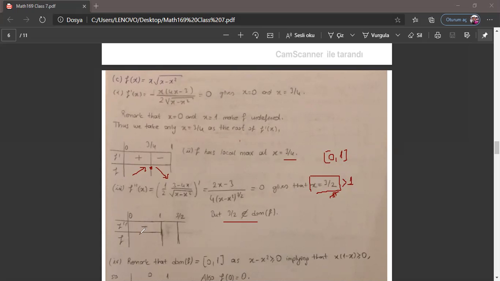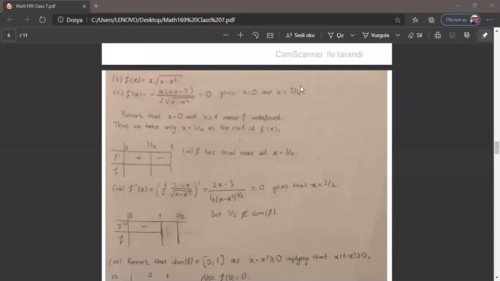But we need to decide the sign of f double prime. So we just pick some point from here and see if it's negative or positive. We see it's negative, so it will be downward, okay? So it will be increasing till 3/4, then decreasing. And on this interval 0, 1, it will be downward.